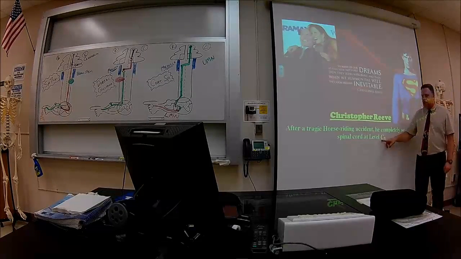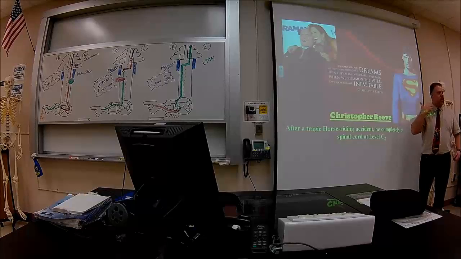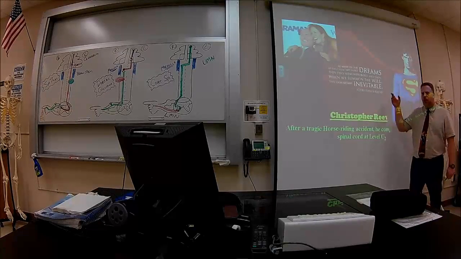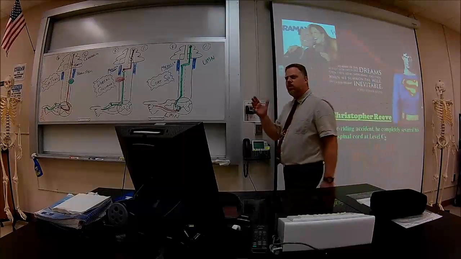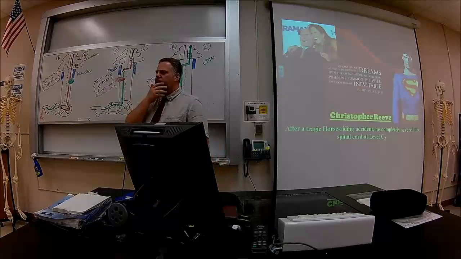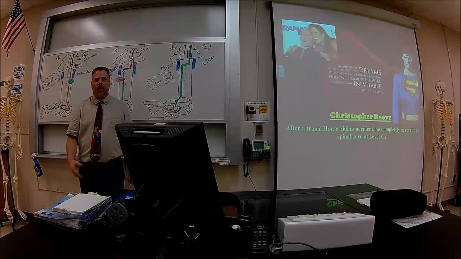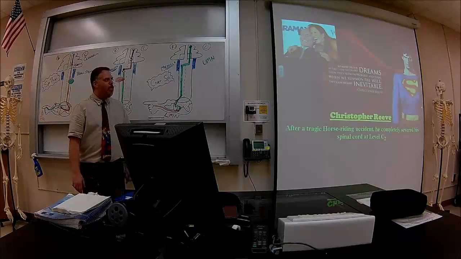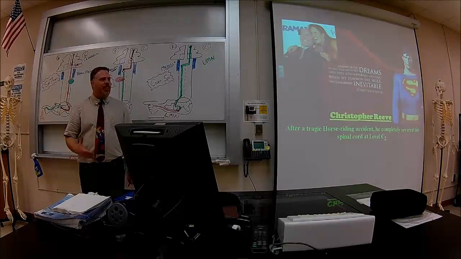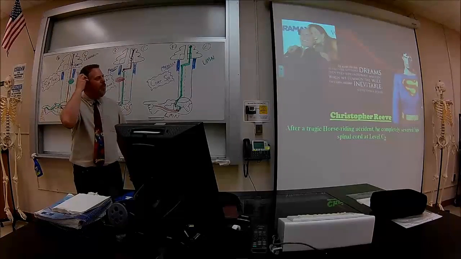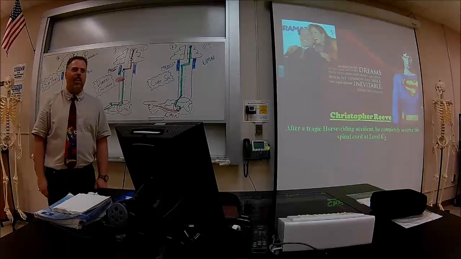He had spinal cord injury at level C2, much higher up here, and that left him as a quadriplegic. Okay? So you all heard about that. And about a year later, his wife died too. They said breast cancer or lung cancer, yeah. So it was a very tragic thing, but he was a humanitarian. And it's kind of ironic how much he was a humanitarian, and yet he played Superman, which was, you know, someone people looked up to. So he kind of fit the part.